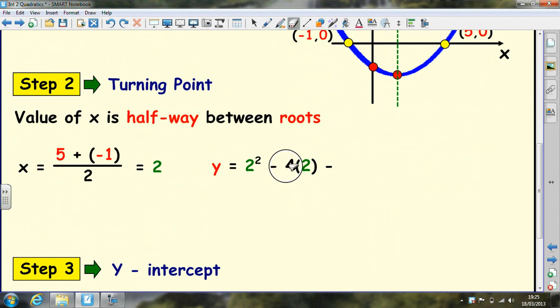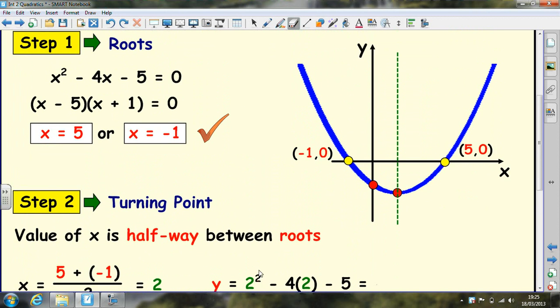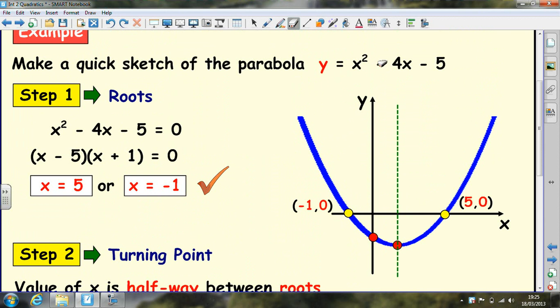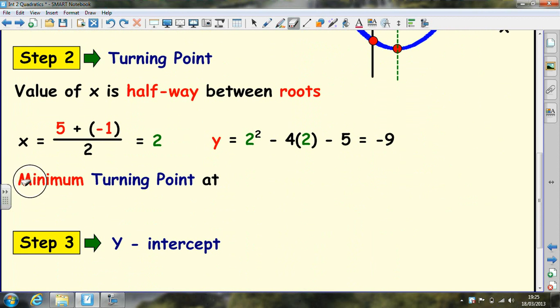So y equals 2 squared, take away 4 times 2, take away 5. And that comes out at negative 9. So minimum turning point at 2, negative 9.